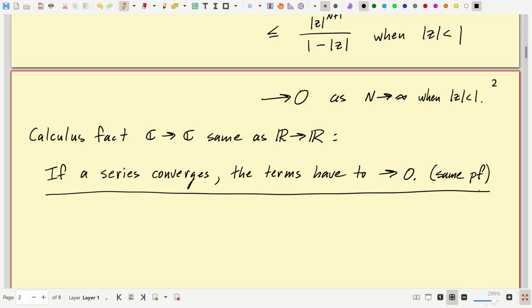So consequently, let's look at the case where mod z is bigger than or equal to 1. Consequently, if mod z is bigger than or equal to 1, that geometric series does not converge, because the terms don't go to 0.